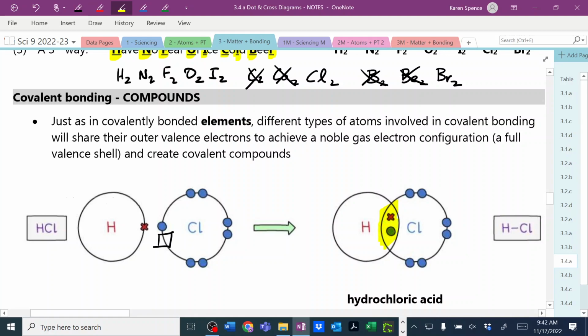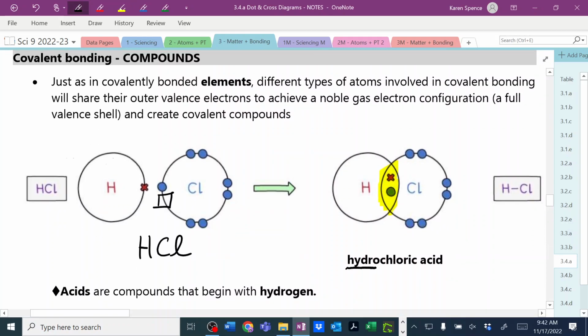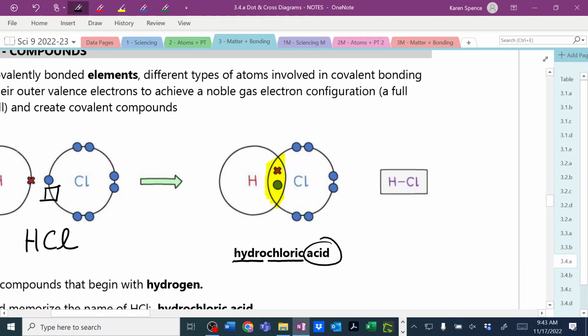If you share those 2 electrons, then you have a complete structure. And we did use this compound earlier this year in one of our experiments. HCl is hydro for the hydrogen, chloric for the chlorine, and then it is an acid. Acids are compounds that begin with H, just for anyone who's interested. That's an optional thing to know. We'll do that in grade 10.